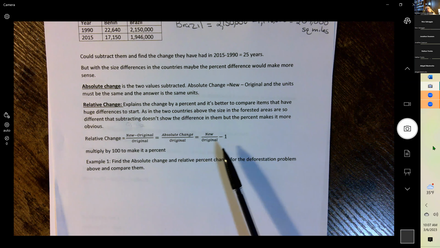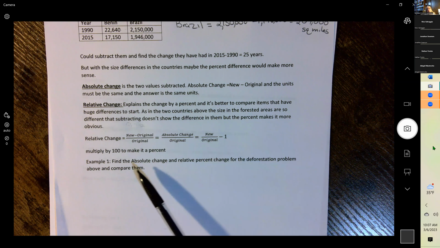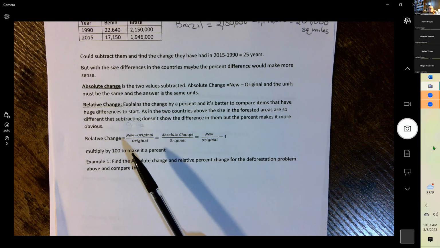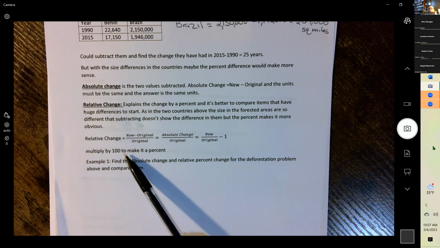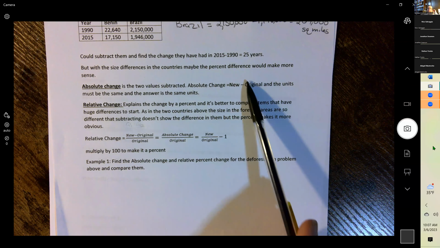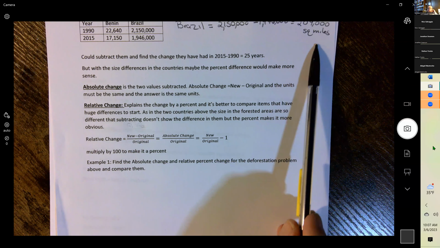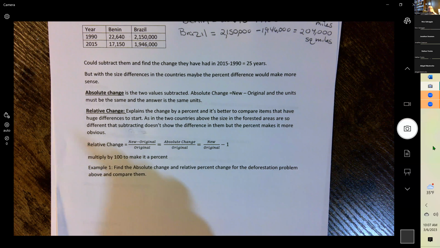So to make it a percent, you multiply by 100. So relative change makes it a rate or a percent, rather than keeping the same units like this kept square miles. Any questions so far?